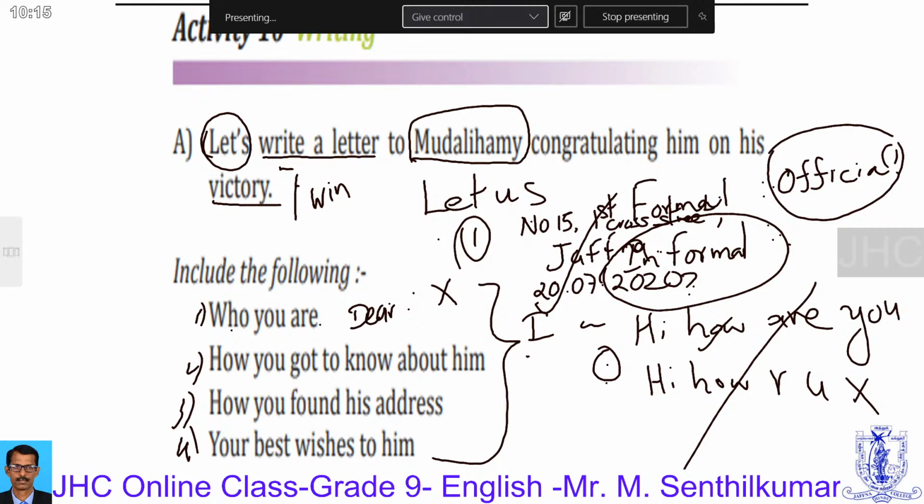Then how you got to know about him: you read the Udayan newspaper, sports section, and found the news. One of the friends you met gave you the address. Then you say best wishes and heartfelt congratulations for your success.